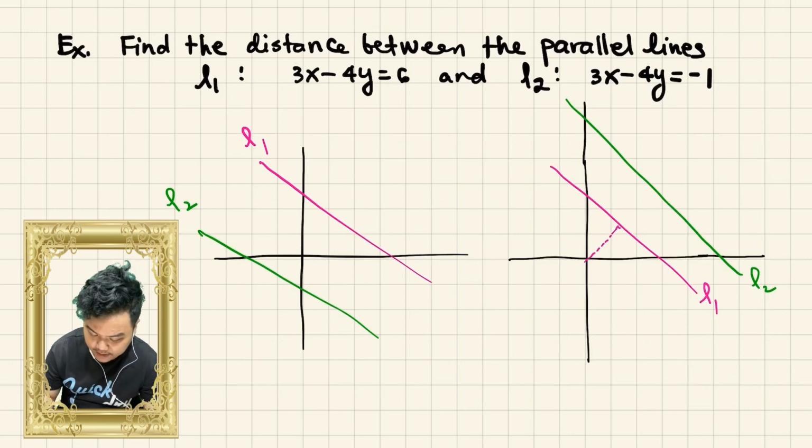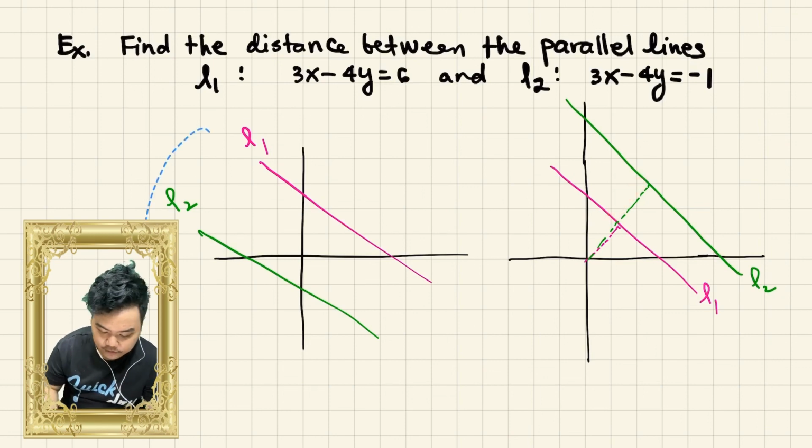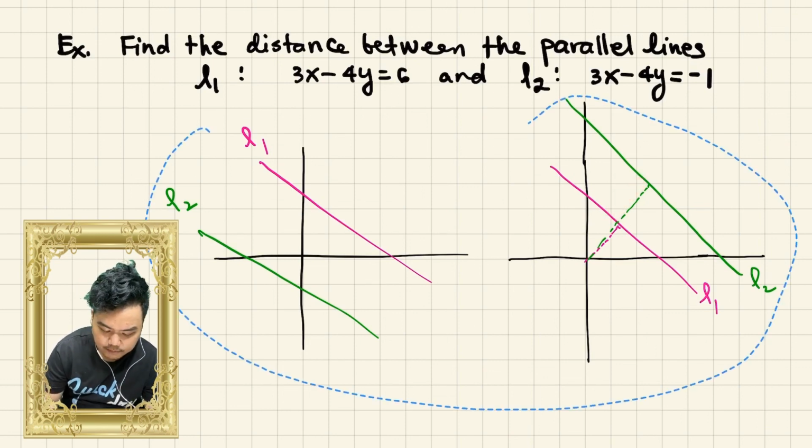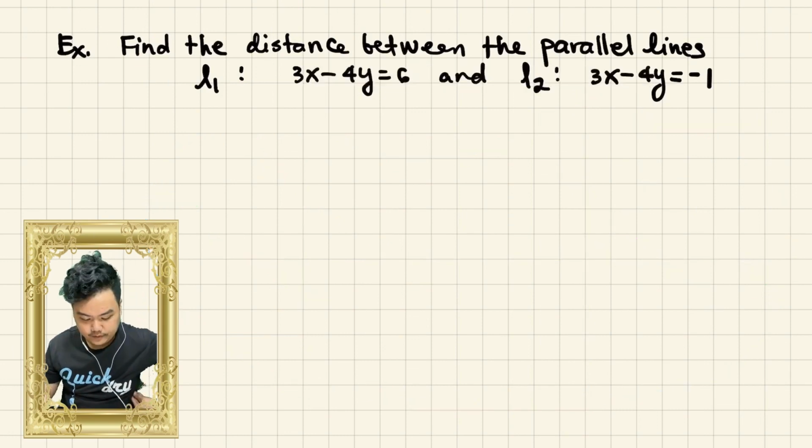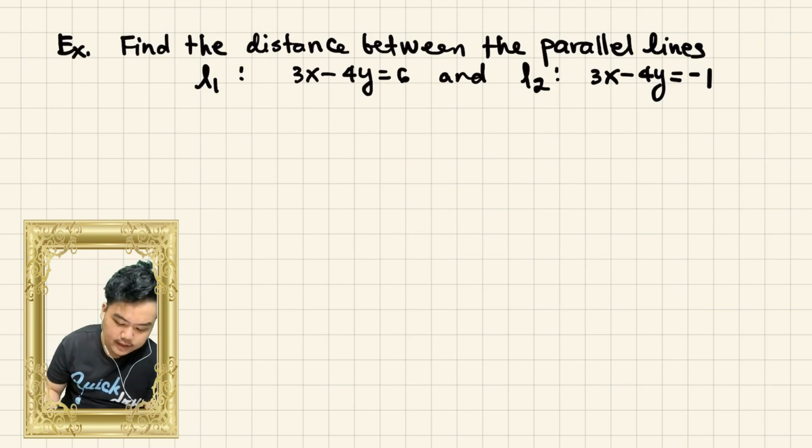Yung normal form ni L2, malalaman ko yung distansya niya sa origin. So, I have this distance and this distance. So, subtract ko lang to get this distance. Okay, so dito papasok yung kung positive ba yung x-intercept, negative ba yung x-intercept. Okay? So, gawin nating normal form.